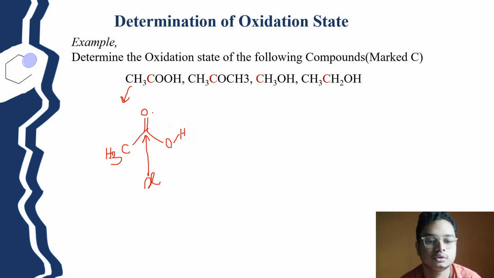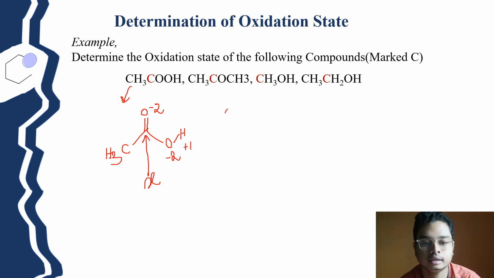This oxygen will contribute -2, and this oxygen will contribute -2, but since one hydrogen is attached directly to this oxygen, due to the electronegativity difference, this hydrogen will show +1. From our rules, we know that since it is a neutral compound, the sum of the oxidation states is equal to 0.